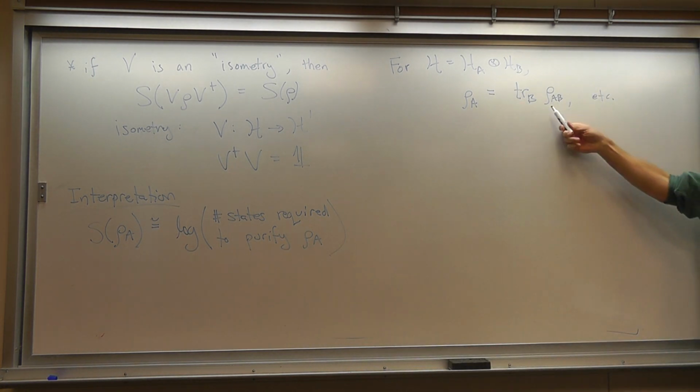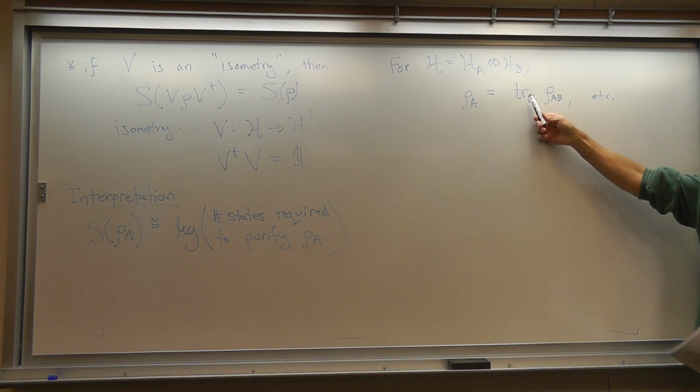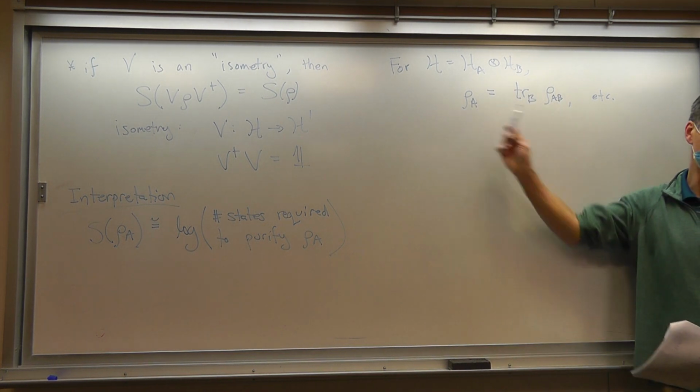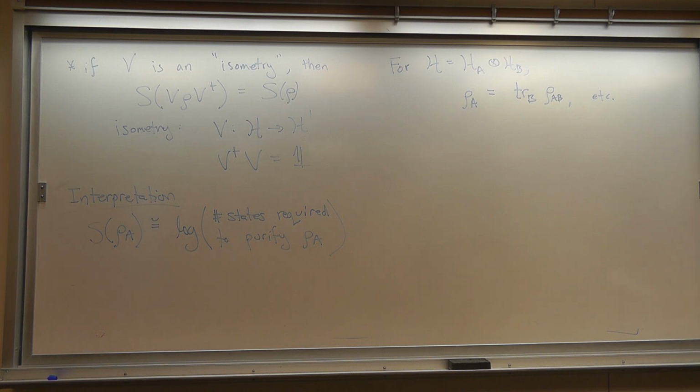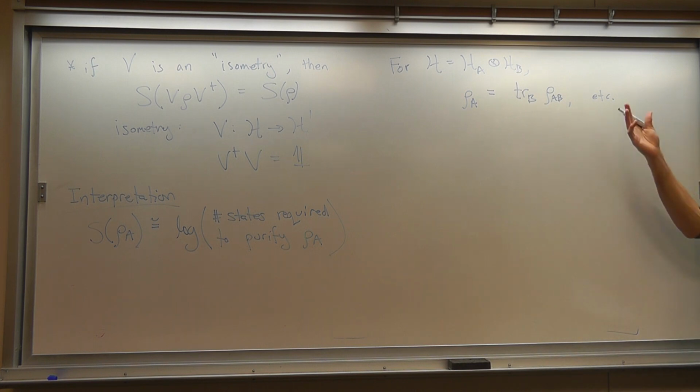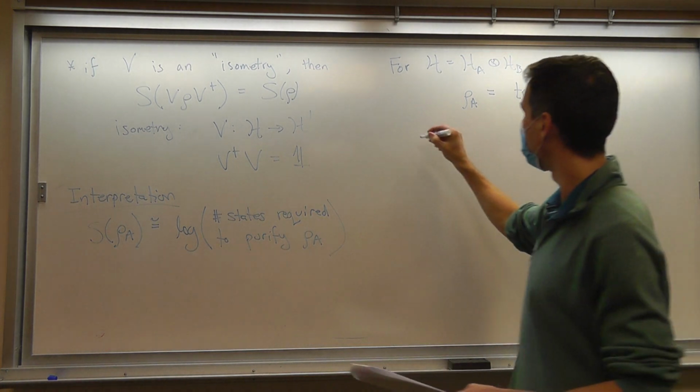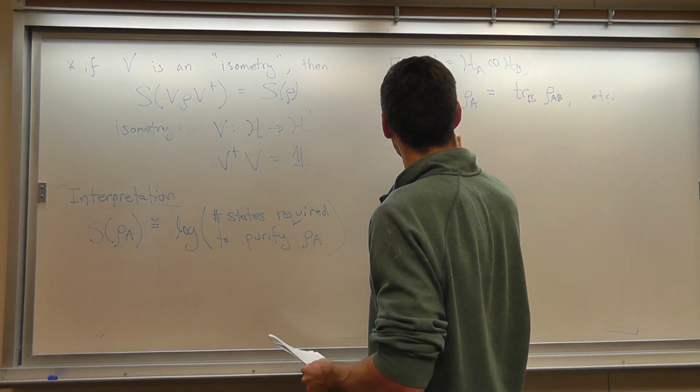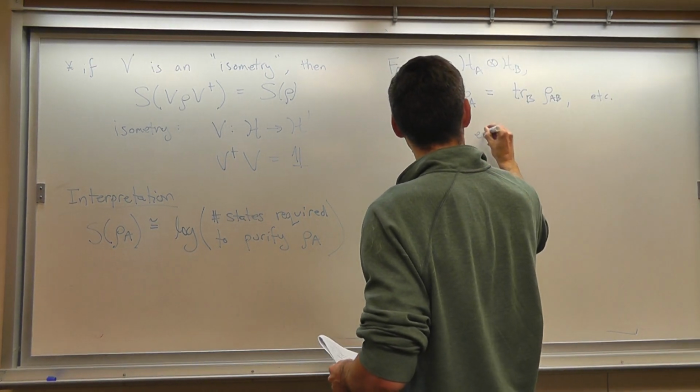So if we have a density matrix on the full Hilbert space, we could take a partial trace over B and get it on the factor A. And in situations like this, where you have traced some stuff out, S of rho A is often called the entanglement entropy.